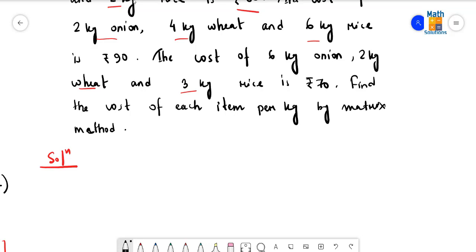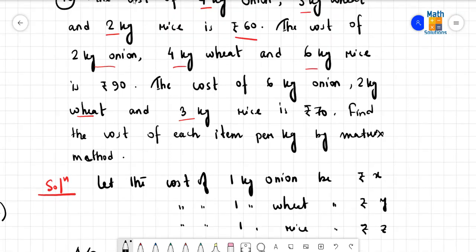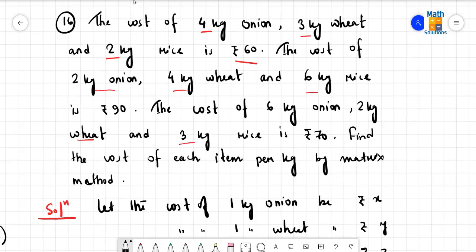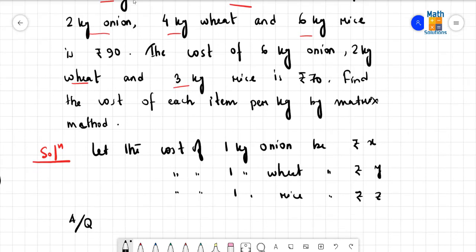Let the cost of 1 kg onion be rupees x, the cost of 1 kg wheat be rupees y, and the cost of 1 kg rice be rupees z. Now according to the question, from the first sentence, what can I take? I can take 4x plus 3y plus 2z is equal to 60.